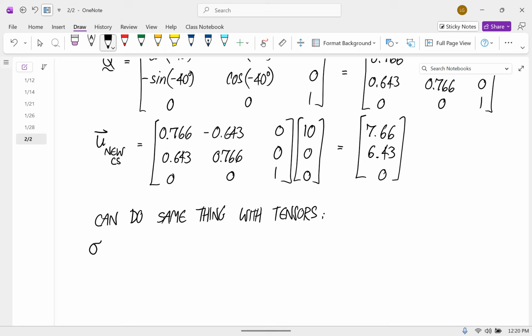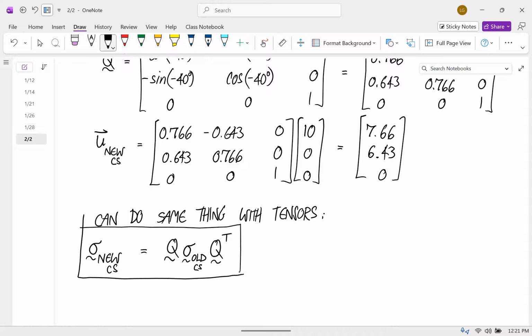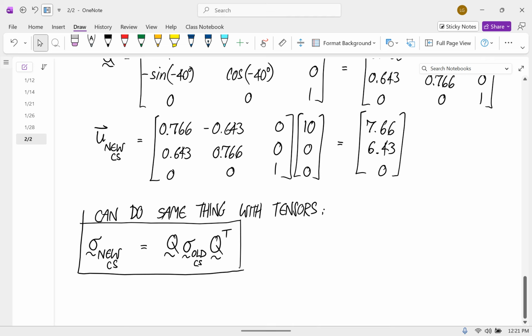This time, the new tensor, the tensor in the new coordinate system, is equal to the rotation matrix Q times the tensor in the old coordinate system times the rotation matrix transpose. So why do we need two rotation matrices here?